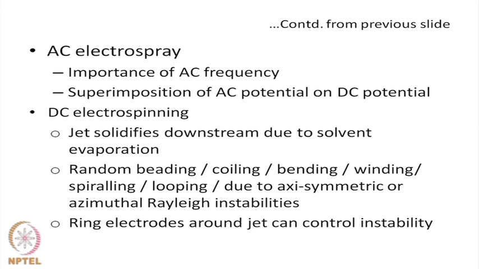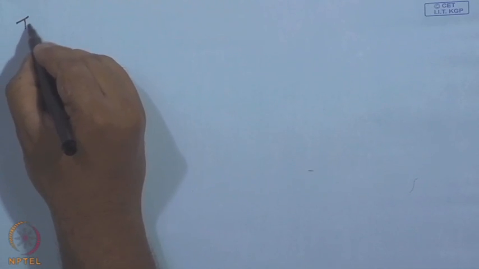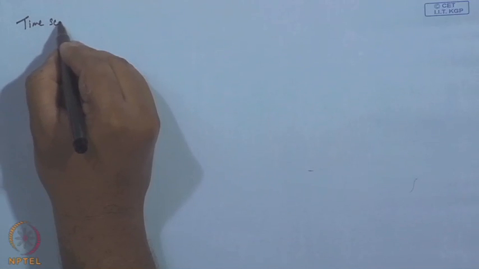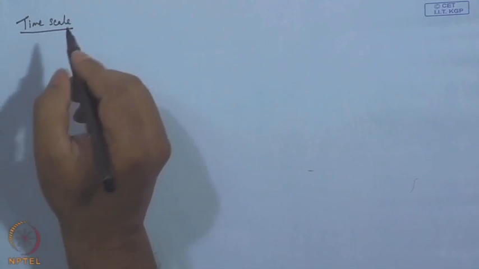What we meant here is that there exists another time scale, which is coming from the electric field itself.